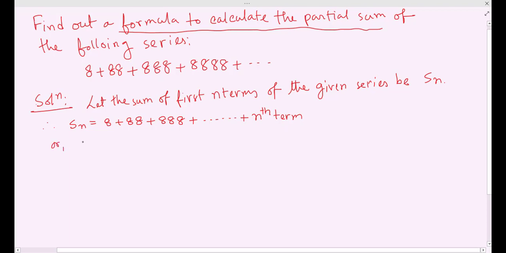Or Sn by 8. We have to make it 1 plus 11 plus 111 like this. So dividing both sides by 8, we get 1 plus 11 plus 111 plus up to the nth term.